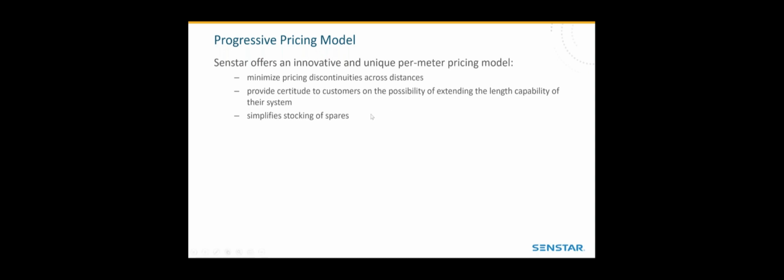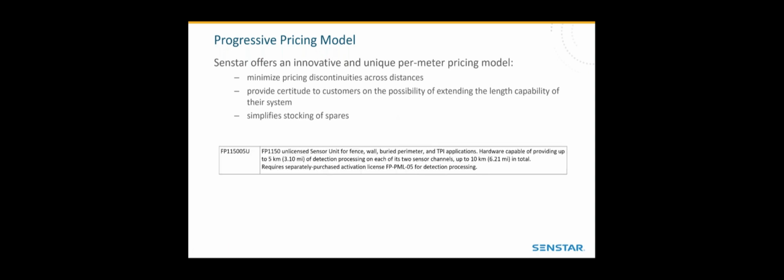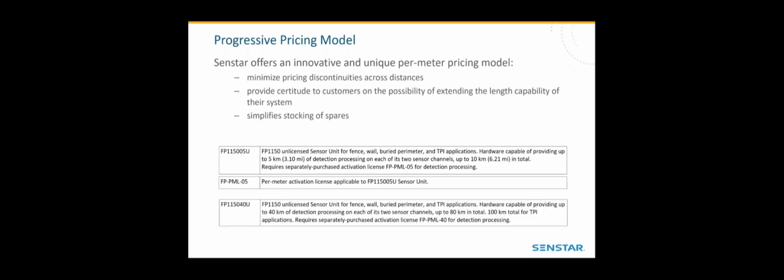You just have to have one spare that will cover the range of distances. So what does this look like? Basically, we would have a 5 kilometer capable unit and licenses associated with that unit, and then a 40 kilometer capable unit, which obviously is going to have a higher base price, but then you license it again as you need to for the system in question.